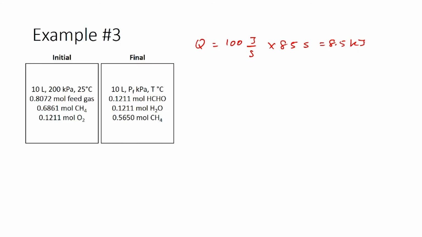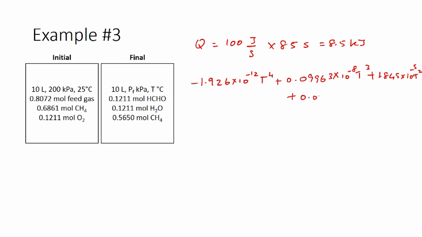Substituting all that into the general energy balance equation, we would end up with a polynomial: minus 1.926 times 10 power minus 12 T power 4, plus 0.09963 times 10 power minus 8 T cube, plus 1.845 times 10 power minus 5 T squared, plus 0.02088 times T, minus 43.29 kilojoules per mole, as the equation equal to 0.